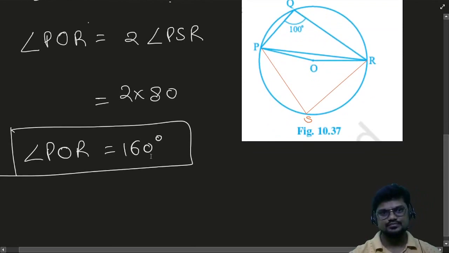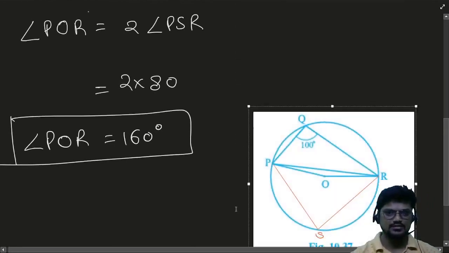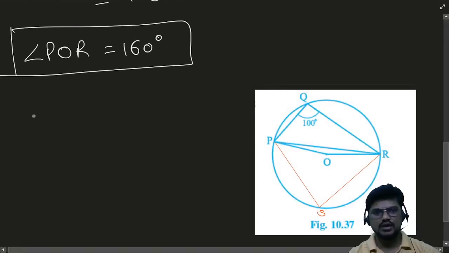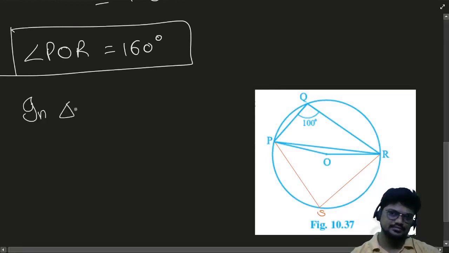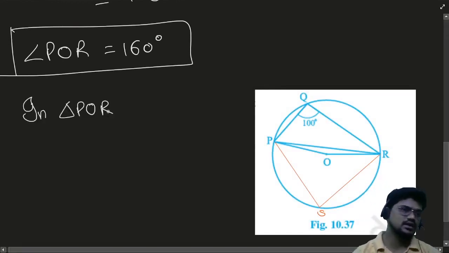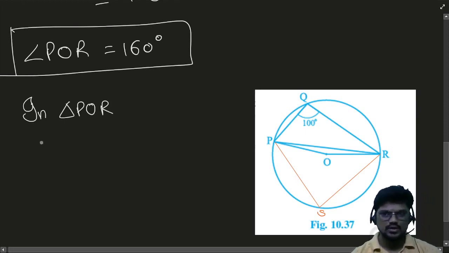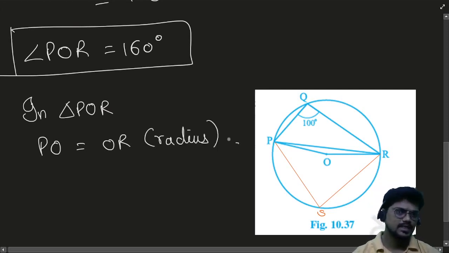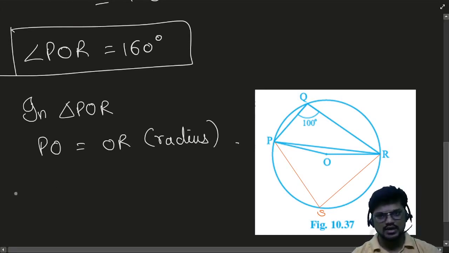Now, in triangle POR, what I know is PO is equal to OR. What is the reason? Radius of the same circle. So can I say triangle POR is isosceles? Yes.